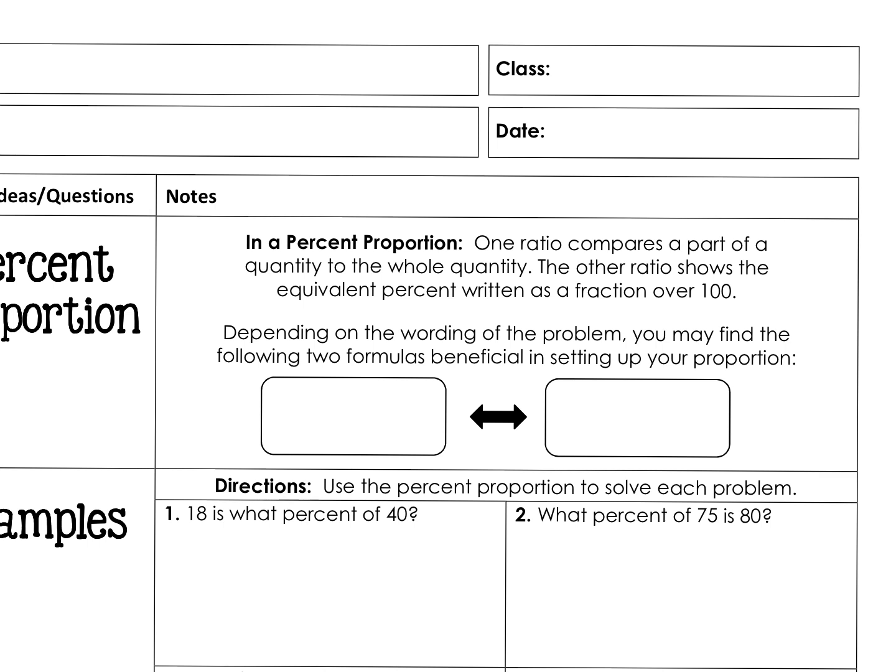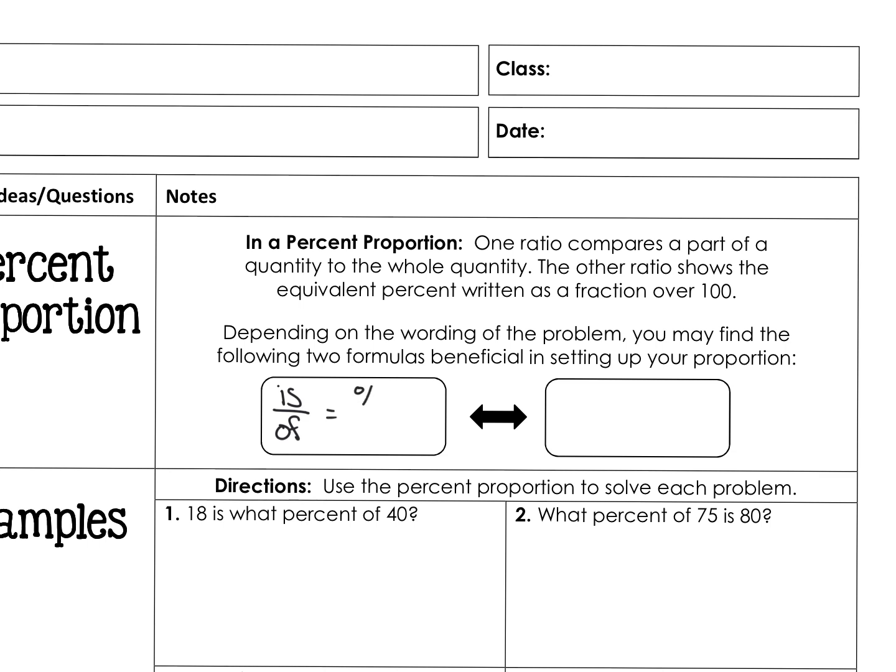Now, there's different ways that we can do this, but typically they fall into two different types of problems. One is where you see the words "is" and "of." Generally, the number that's next to the "is" is the part. The one that's next to "of" is the whole.